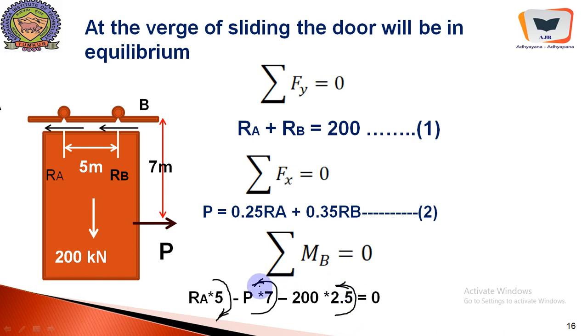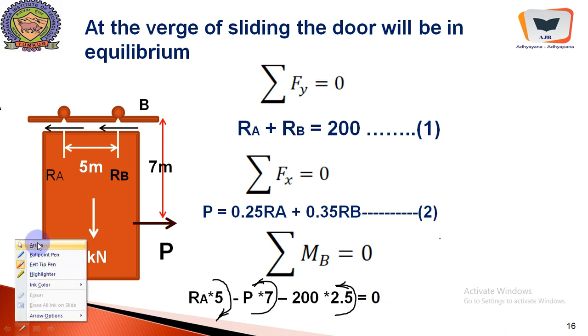The anti-clockwise or clockwise effect comes from the direction of the applied force: it has to rotate like this, because this is the moment center. Like this we have to decide, and by looking at the tip of the arrow, the sense of the force, we can decide whether the moment generated is clockwise or anti-clockwise.